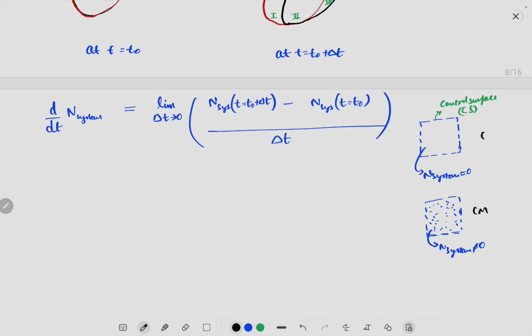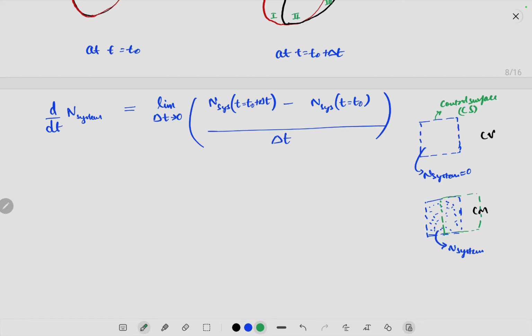So this is your control mass, this is your control volume. Let's say this control mass contains some quantity of N system, and I have drawn the control volume like this.